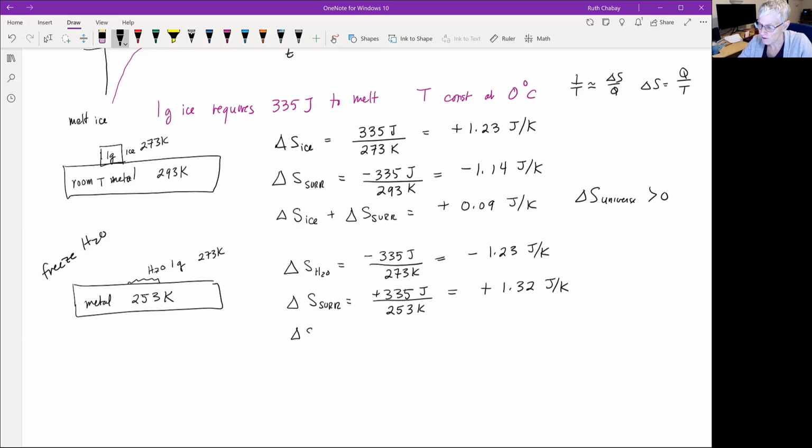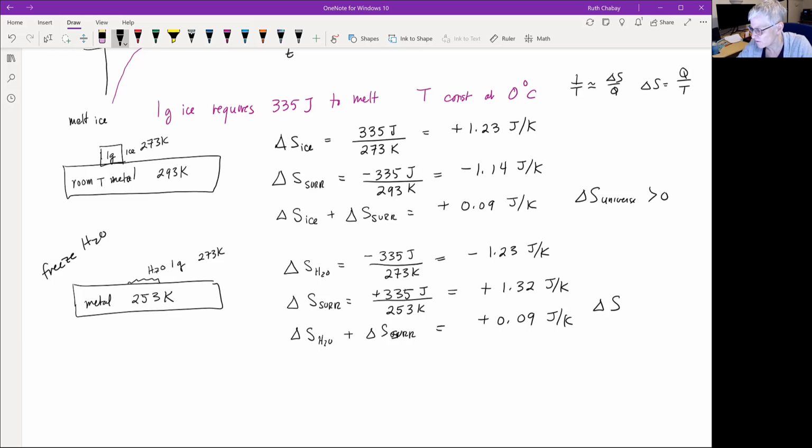So this time, the entropy of the water decreased, but the entropy of the surroundings increased. And so the total change of entropy of the system plus surroundings, the change in entropy of the water plus the change in entropy of the surroundings, is going to be plus 0.9 joules per Kelvin.